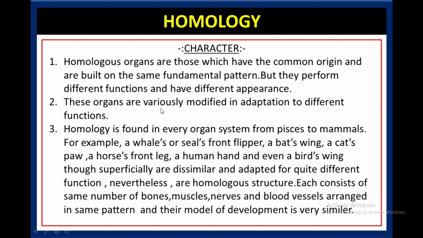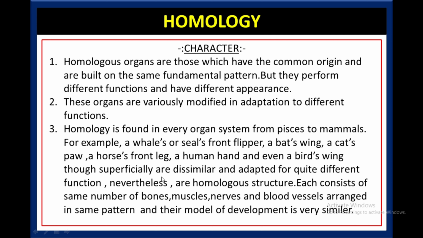These organs are variously modified in adaptation to different functions. Homology is found in every organ system from fishes to mammals. For example, a whale's or seal's front flippers, a bat's wing, a cat's paw, a horse's front leg, a human's hand, and even a bird's wing.